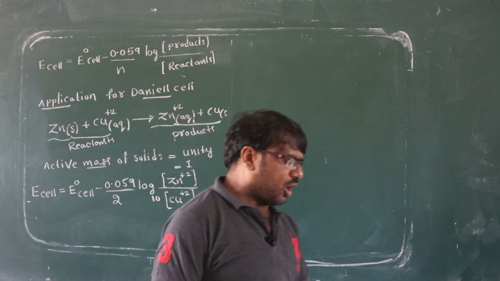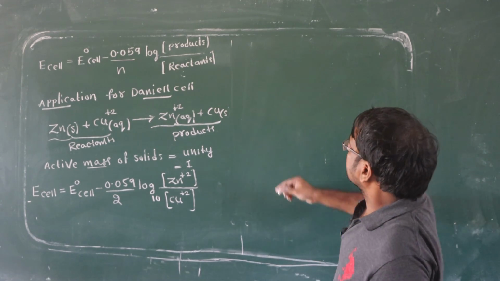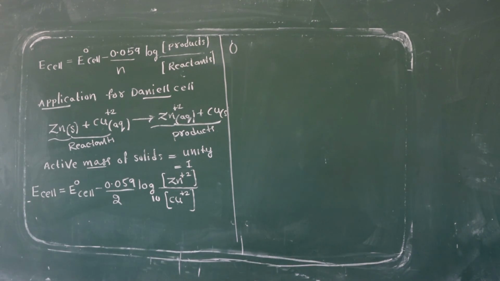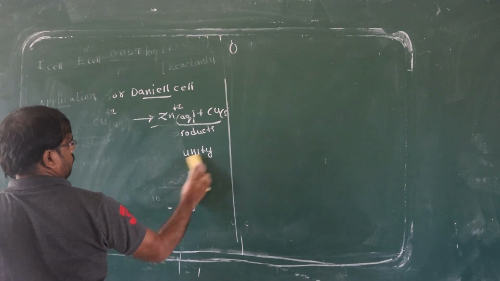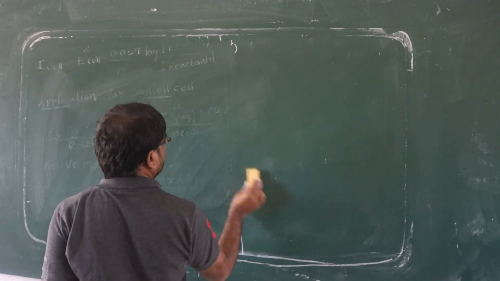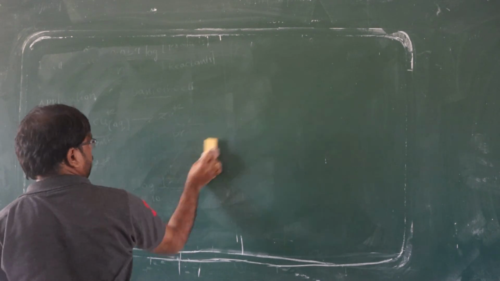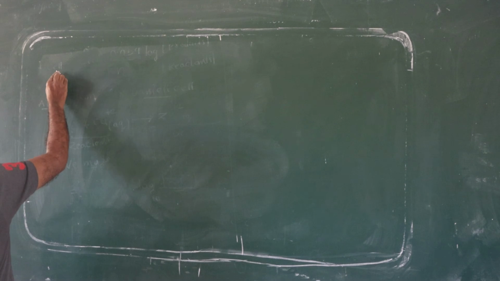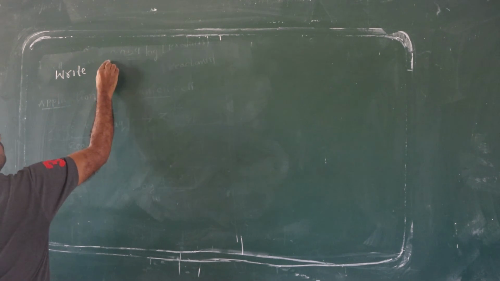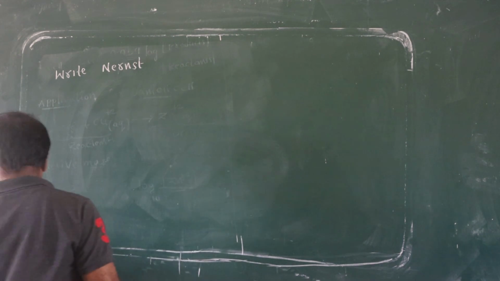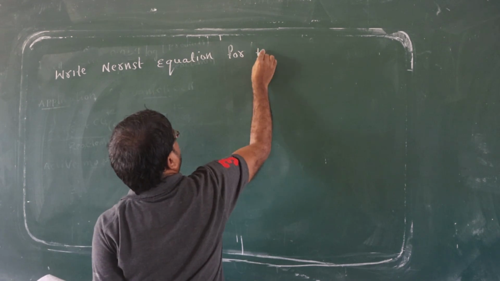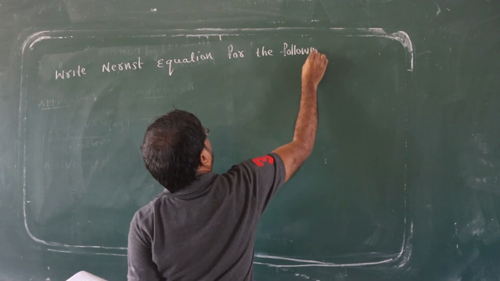Try to answer this question. So this is the question: write the Nernst equation for the following cell.